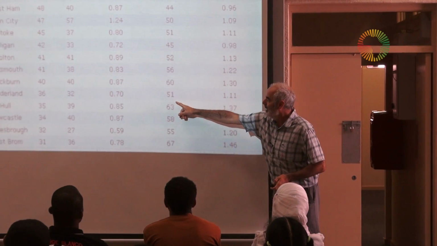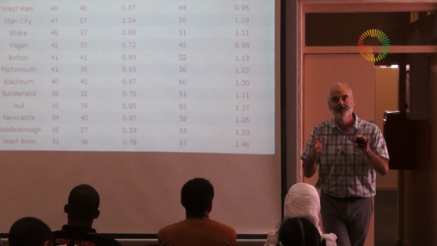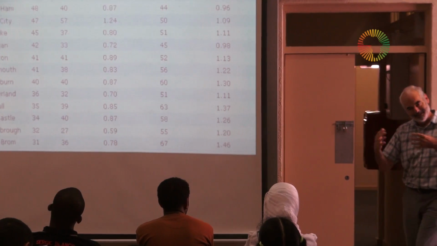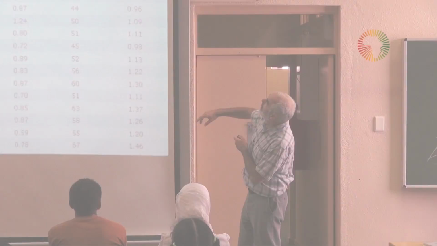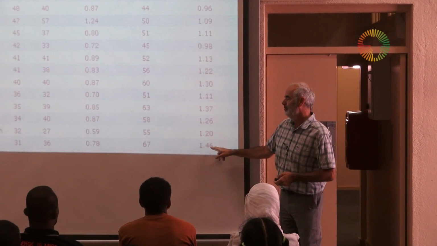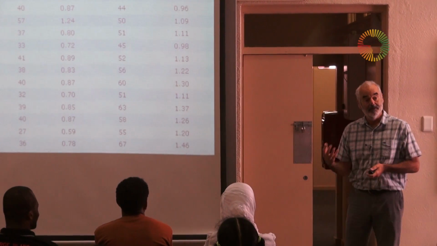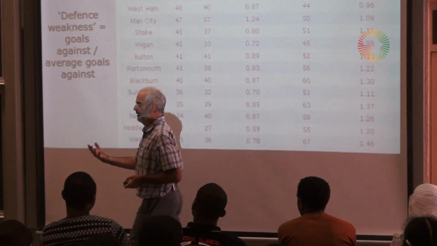So if we divide that by 46, because the average number of goals scored is the same as the average number of goals let in, there's symmetry, we find that Chelsea has got the smallest weakness and West Brom has got the weakest defence. And this is what's done in the sports betting companies each week to assess how good the teams are.